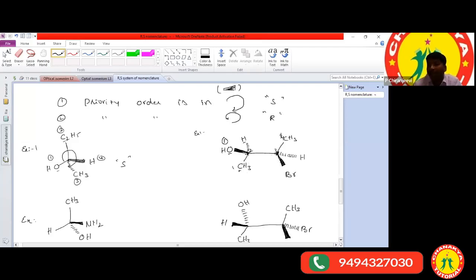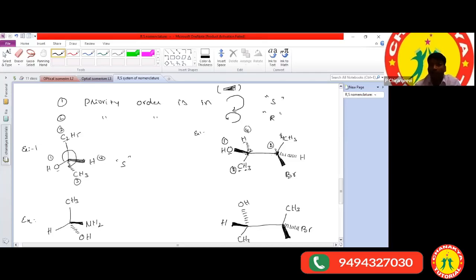Here the second atom is hydrogen; in this one, the second atom is Br. Comparing hydrogen and Br, Br has the greater atomic number. So we give the second priority to this carbon atom, the third priority to this carbon atom, and the fourth priority to hydrogen.